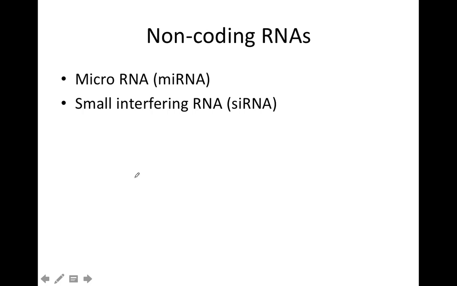Next, you have non-coding RNAs. There are two examples of non-coding RNAs. We have microRNA and small interfering RNA, which, if you will remember, participate in a process called RNA interference, which basically is that they bind to the target mRNA and label it for degradation so that your mRNA does not go into the ribosome and will not get translated.